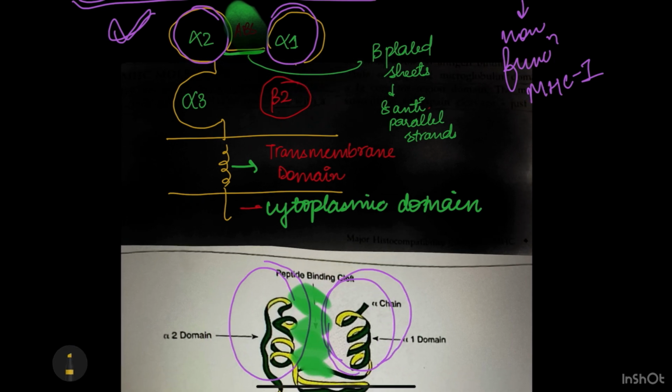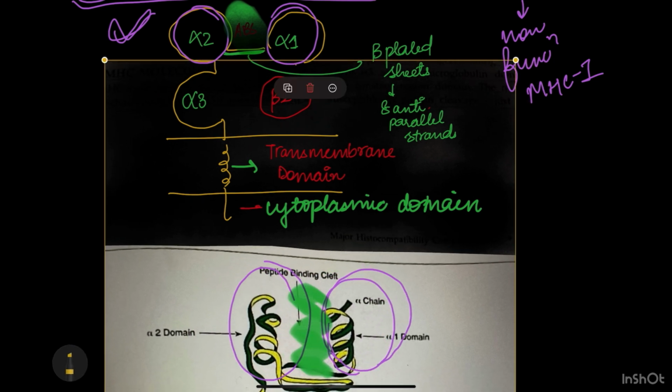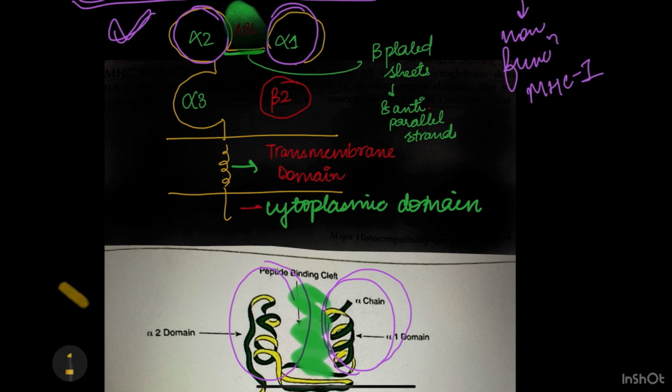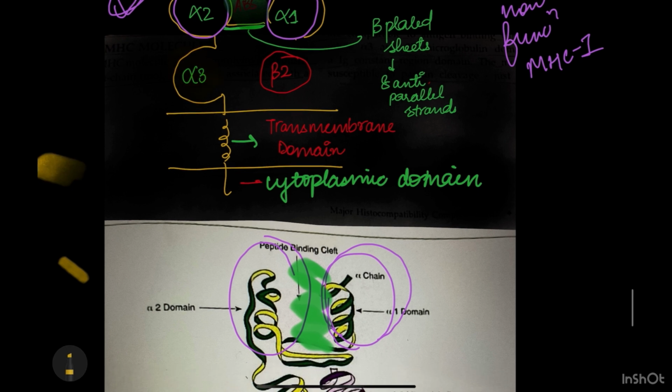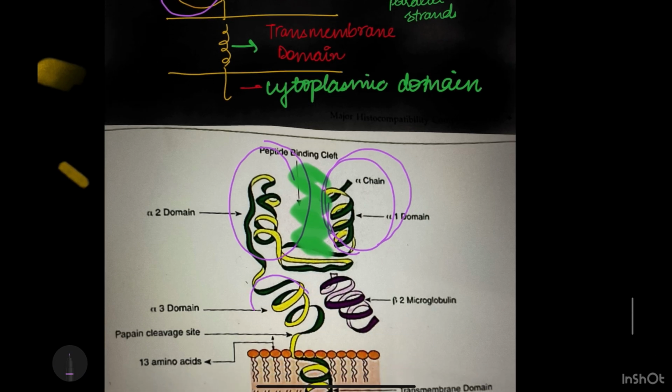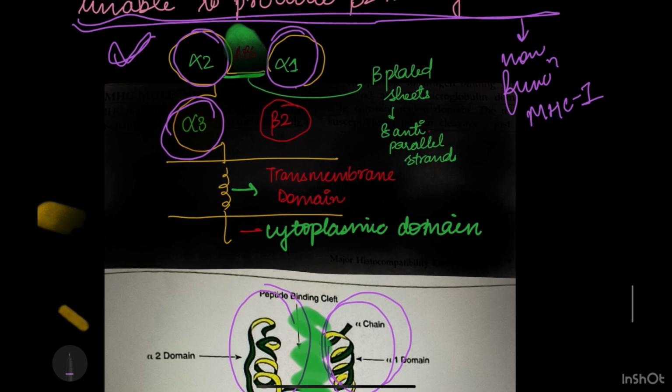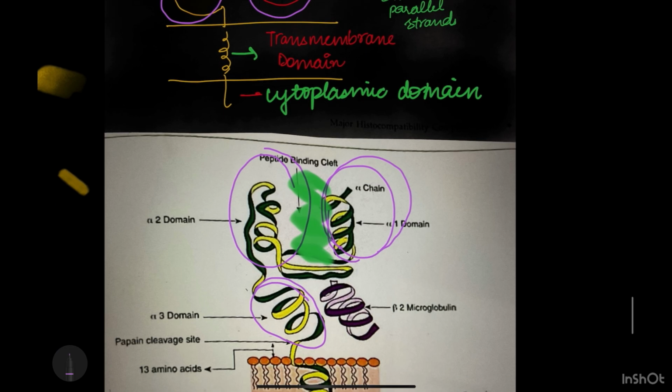This is the alpha 3 domain here, and this is the alpha 3 domain. This is beta 2 microglobulin, and here we have beta 2 microglobulin. They show non-covalent interaction. And I told you about antiparallel strands. These are antiparallel strands which make the floor of the antigen binding site.